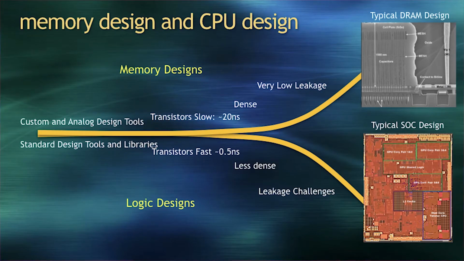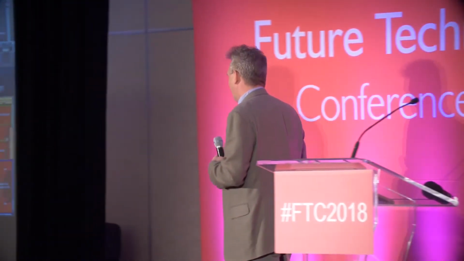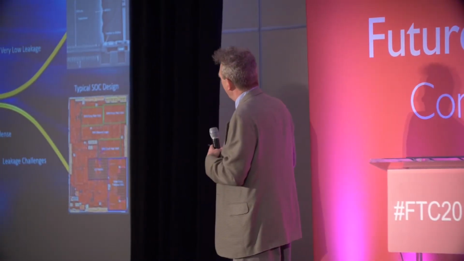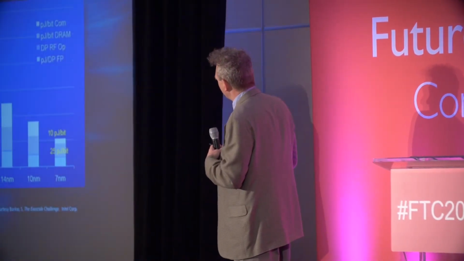And you also have different power curves. So you have very low leakage in a DRAM design, and you have obviously much more leakage challenges in an SoC design. So these domains have universally been bifurcated, and I'm going to propose something a little different.